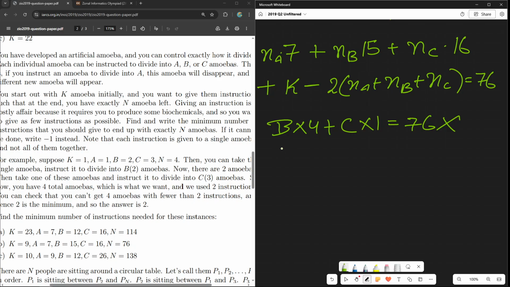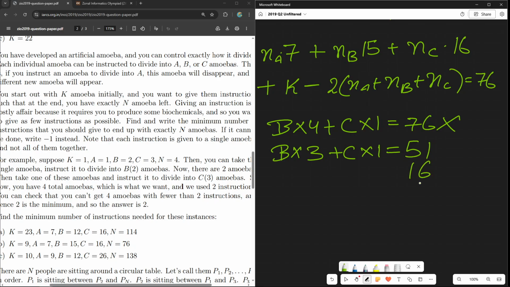We can write b into 3 plus c into 1, which is b into 3 is 45, 45 plus 6 is 51. Now 76 minus 51 is 25. Again, that's not good. 25 is not a multiple of 7, right?